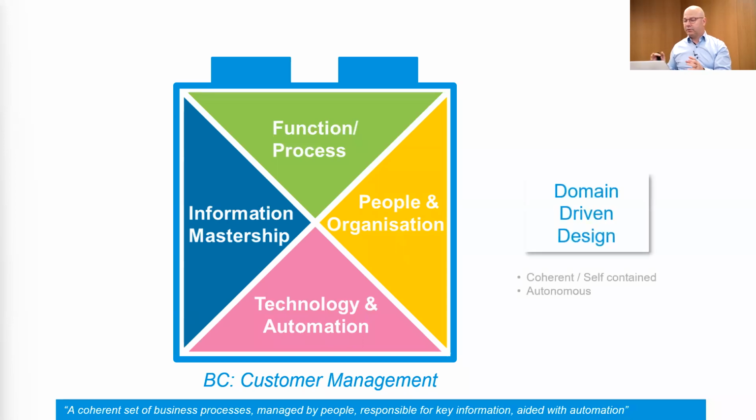So we have a sort of domain-driven design approach here, and I'm not the expert, I'll admit to that, definitely, but the approach is that a business capability is sort of a domain, or it is demarcated by a domain that comprises people, processes, automation, and information as a single coherent unit. And it's on the bottom there. A business capability could be summarized as a coherent set of business processes managed by people responsible for a certain set of key or master information, aided with automation.